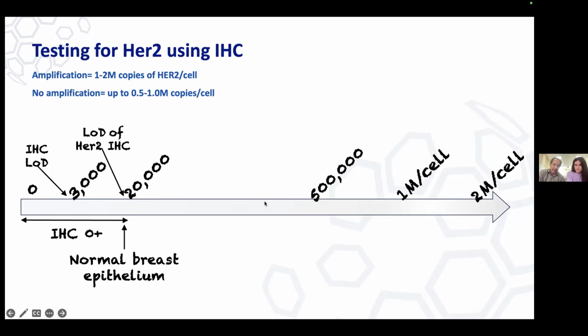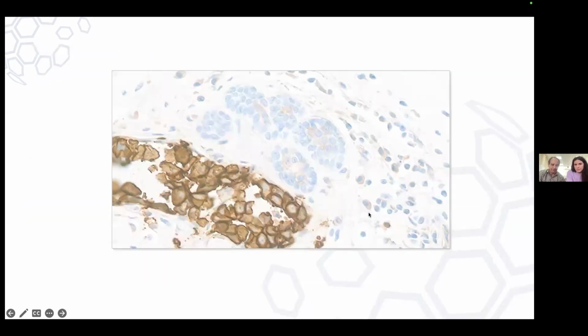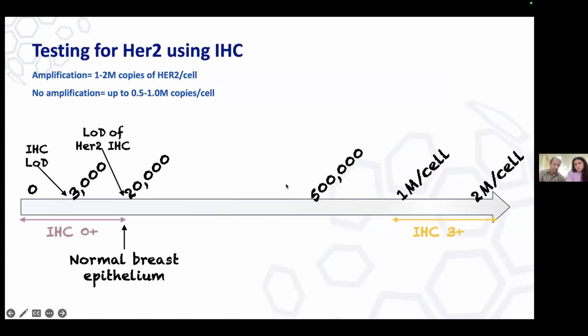And just for proportion, amplification is in the millions of copies per cell, and what we call 2+, the indeterminate, is around 500,000 to 1 million. If you stain properly, using immunohistochemistry to its full potential, you will demonstrate a little bit of membrane staining in the normal. And then we know about the HER2 positive.